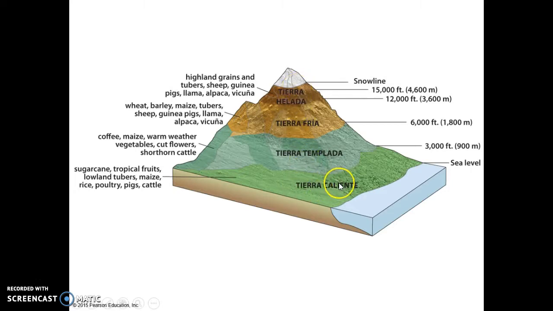So tierra caliente means warm land, and so here it shows you the kind of agriculture that you get in the warm land, and you get the cool land, so more of a temperate climate where we get coffee and other crops, and then we get to the even cooler land where we get now more of mid-latitude crops like wheat and potatoes and some of the local animals.